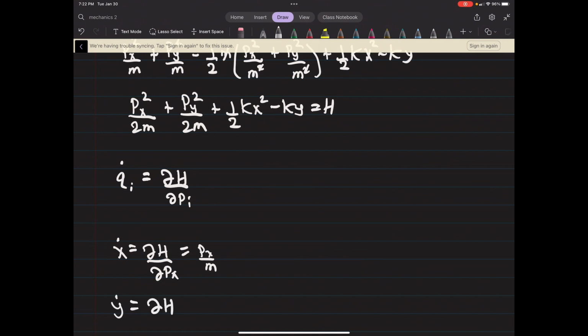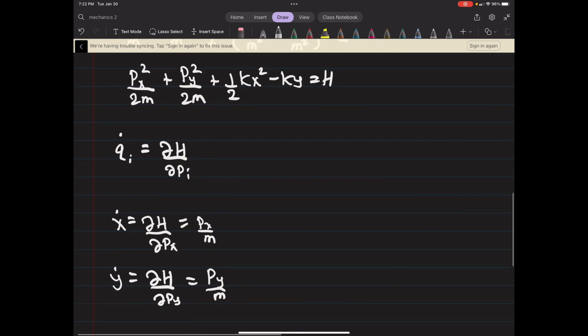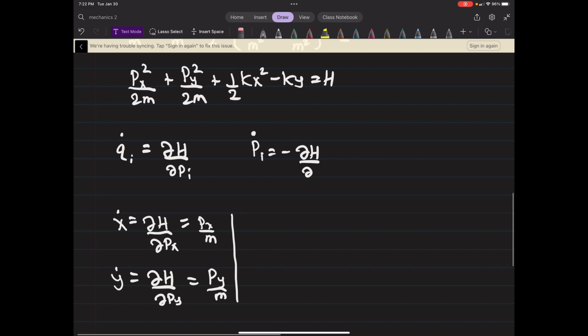Y dot is defined similarly. And that's really no surprise based on what we had up here. That's good, they're in agreement. But now we want to find p_i dot, which is minus the derivative of the Hamiltonian with respect to the position.